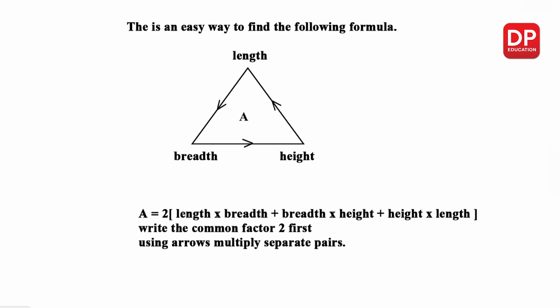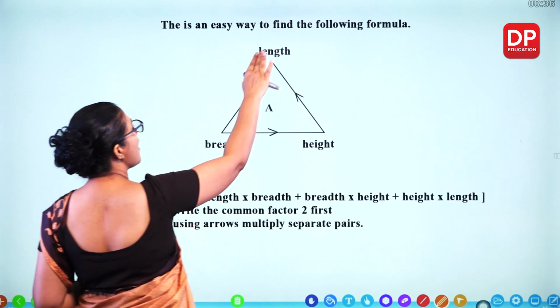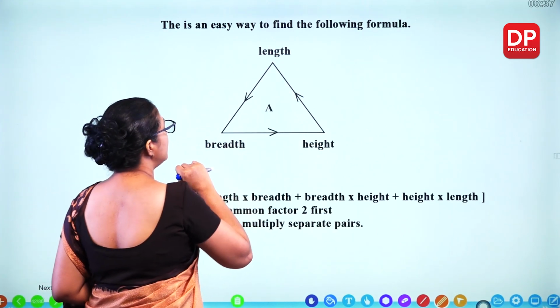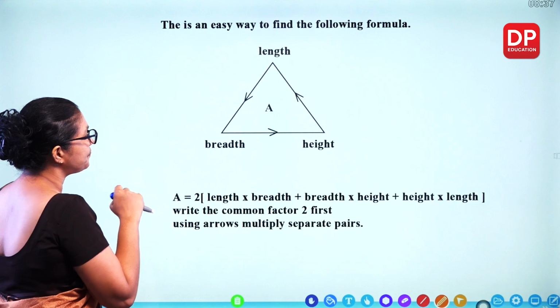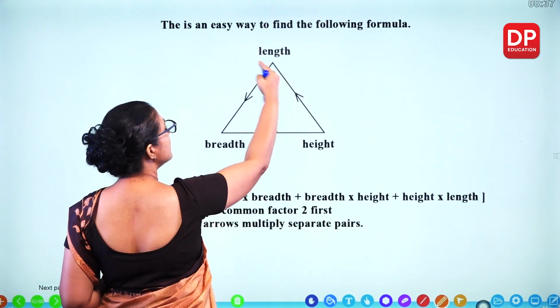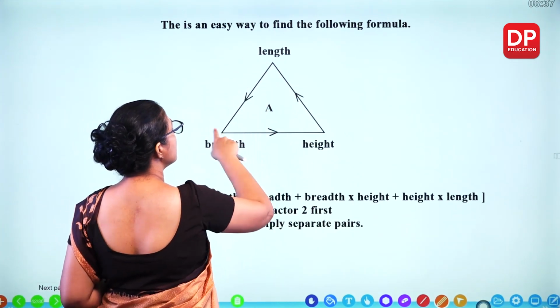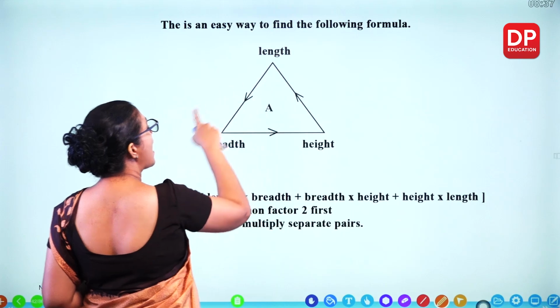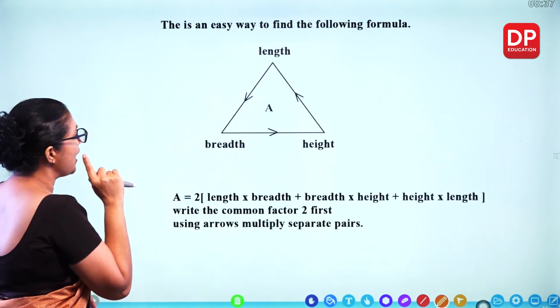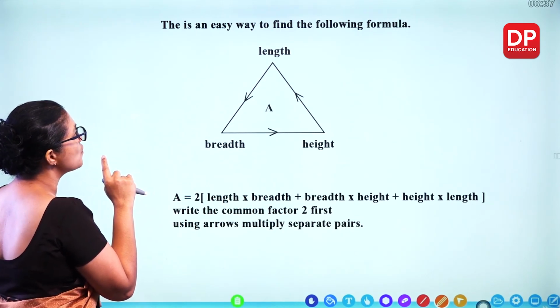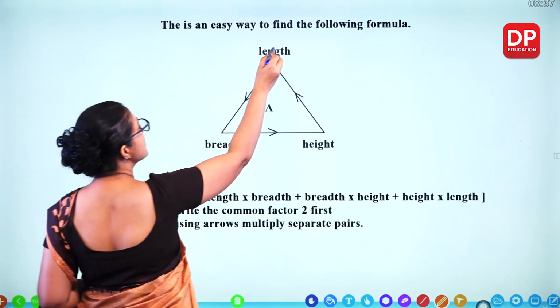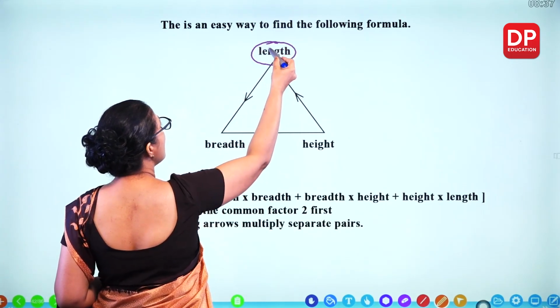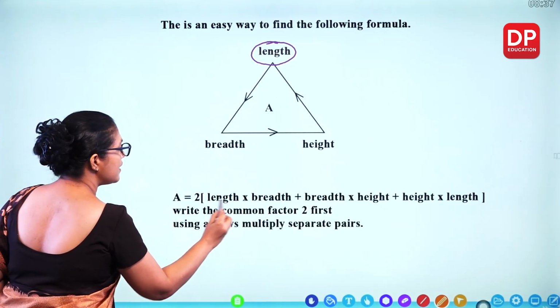Now we can memorize that formula easily. How can we do that? You can write length, breadth and height here, and you take the same direction. If you go anti-clockwise, starting from this, length into breadth.